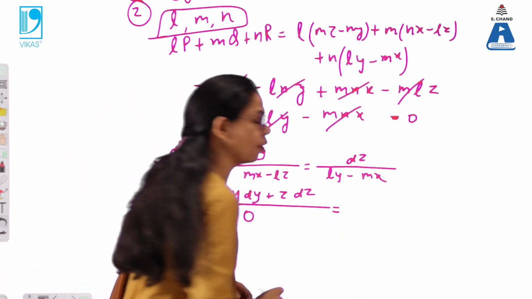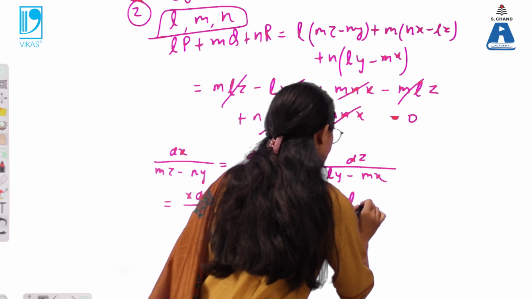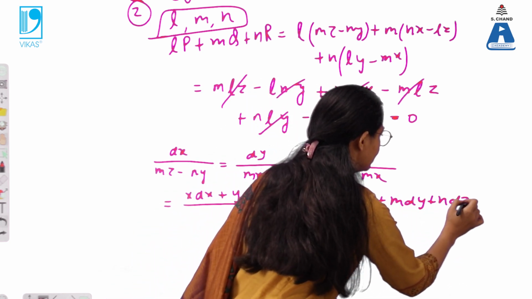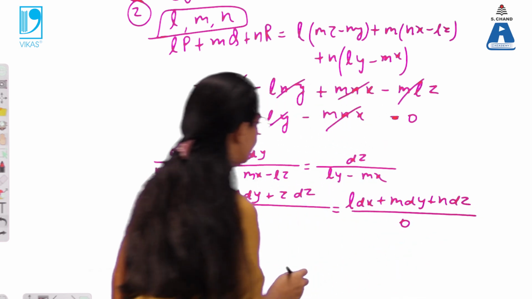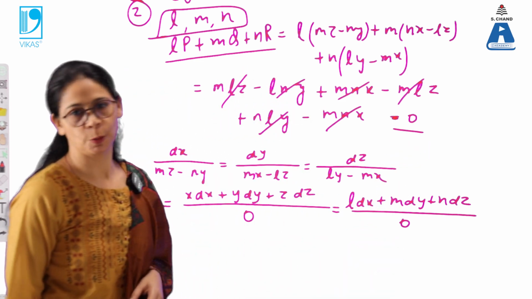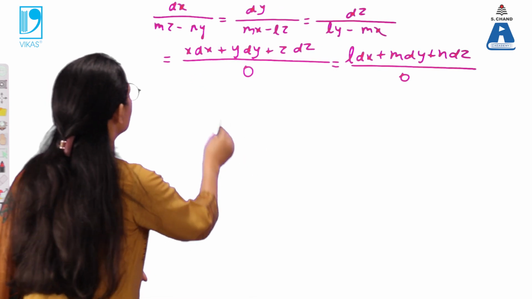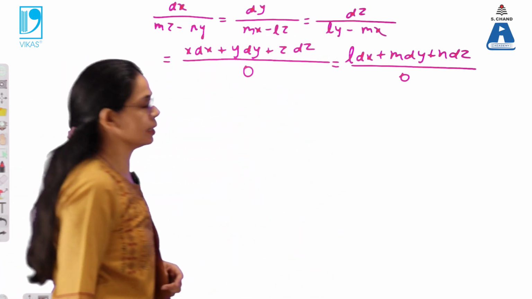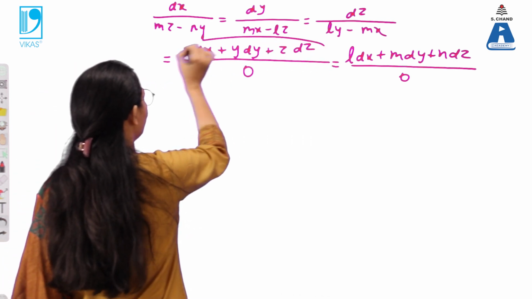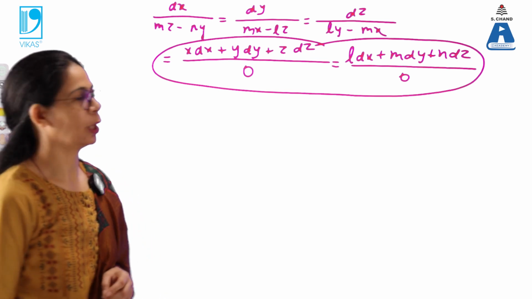Then the second set of multipliers has been taken as L, M and N. Therefore, L dx plus M dy plus N dz, divided by 0, because it has been shown already that they come out to be 0. Now, since in these auxiliary equations none of dx, dy, dz is able to give us an explicit relation, we will use these two to get the solution for the differential equation.